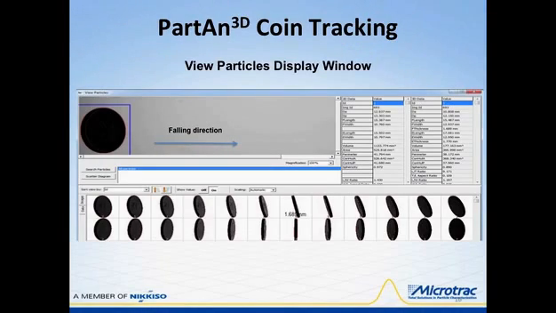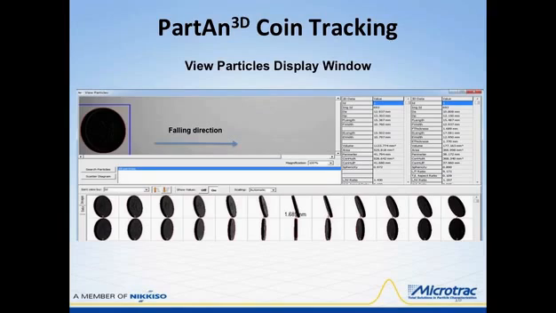This is the view particle screen following the 3D mode analysis of the sample of identical coins. Two rows of the scrollable image file are seen at the bottom. In the 3D mode, all the images in each row are images of the various random orientations of only one particle as it tumbles through the sensing zone.